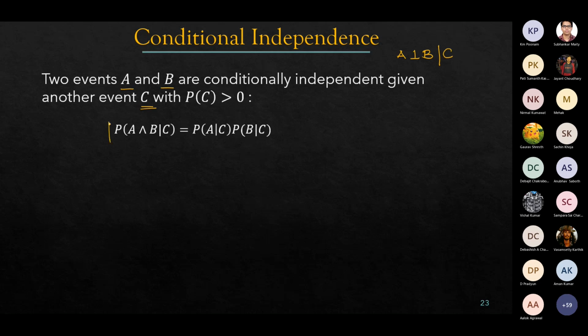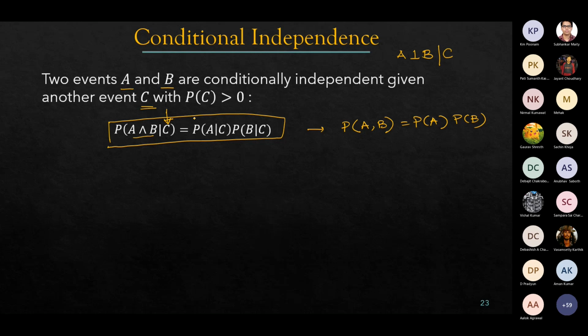If we have this property: the joint probability of AB given C can be factored into probability of A given C multiplied by probability of B given C. Try to compare this with the other formula, probability AB equal to probability A times probability B. That was simple independence, and this is conditional independence, where we have conditioned on the variable C. That is the difference.